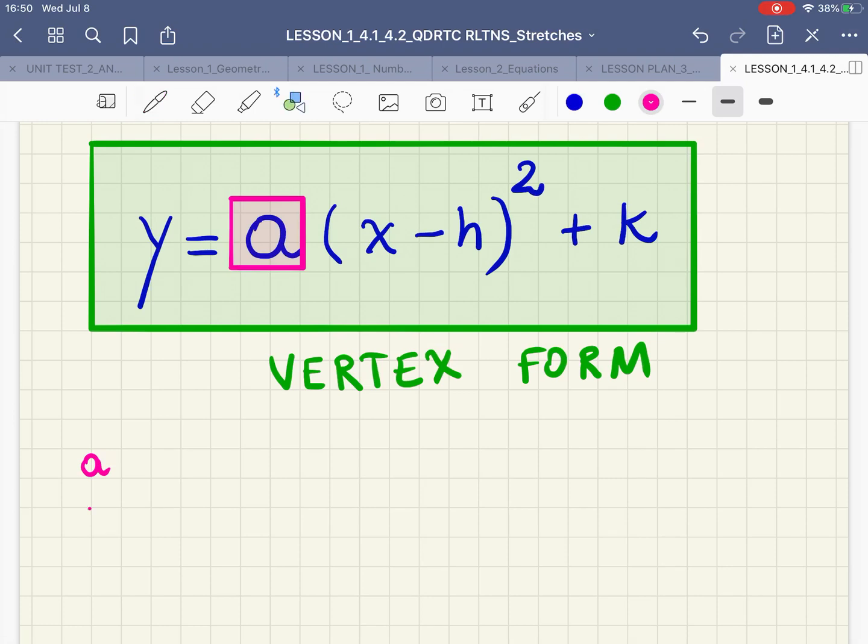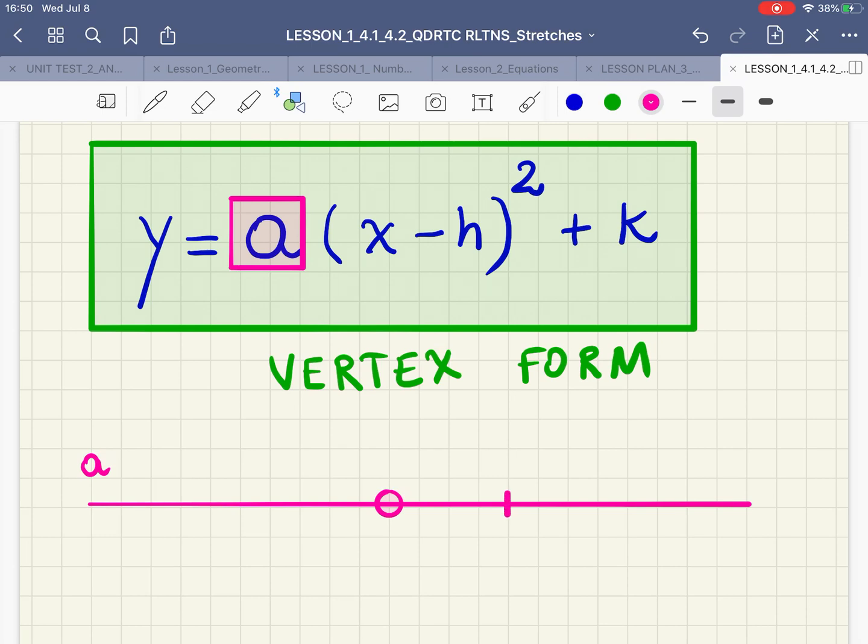On this chart, I simply draw a number line that represents the possible values of a. And a equals 0 makes no sense, because if a equals 0, there will be no parabola at all.